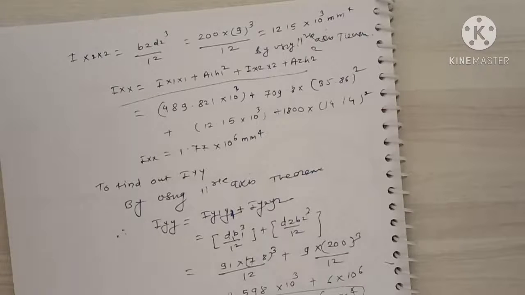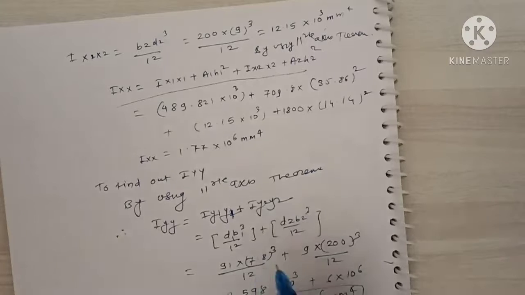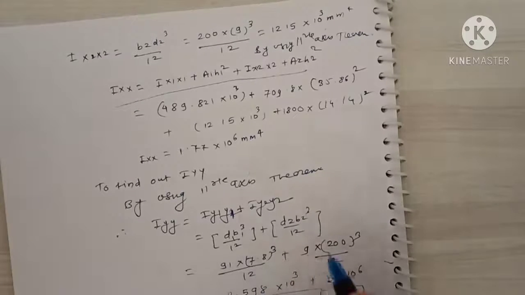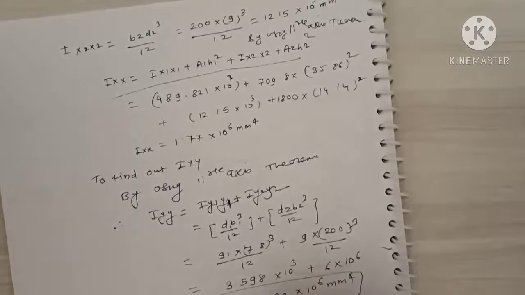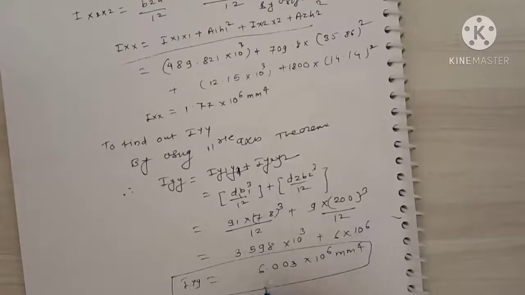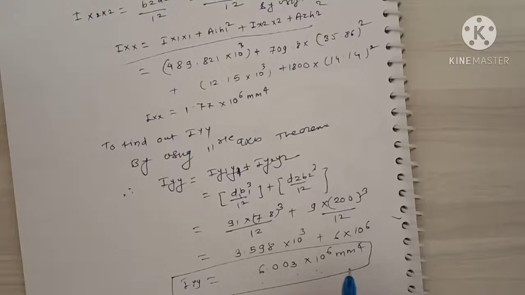Then we get 91 into 7.8 whole bracket cube upon 12 plus 9 into 200 whole bracket cube upon 12. Finally we do the calculation and find the value of Iyy, which is 6.003 into 10 raised to 6 mm raised to 4.